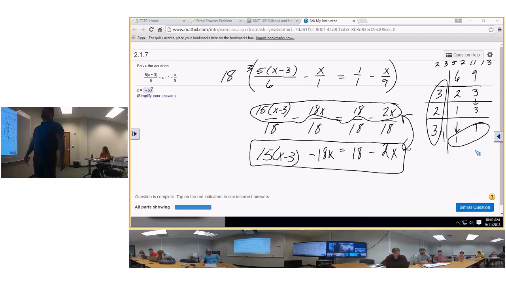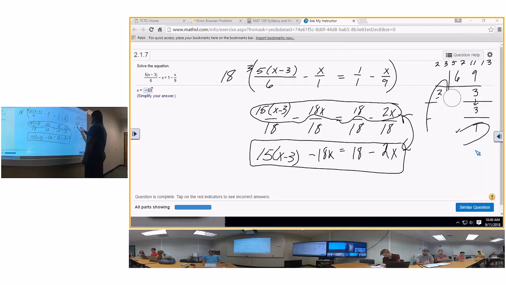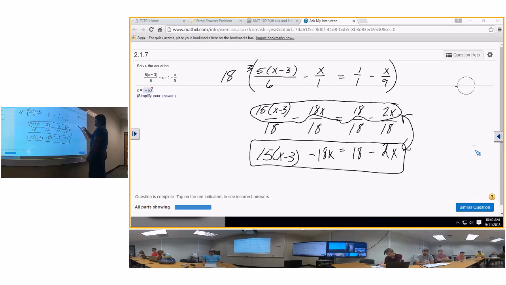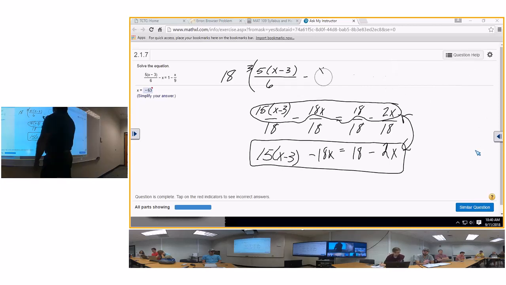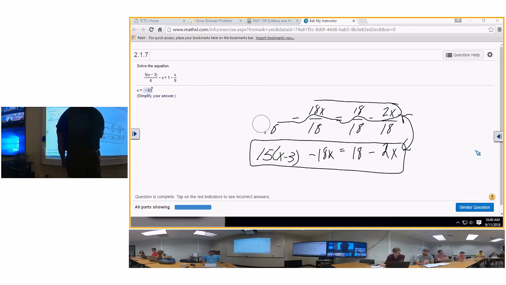But this is a complex rational. It does give you fits, especially if you hadn't had algebra in a while. Some people have never seen this before. They don't know how to get the common denominator. 54. My teacher just taught me to multiply them together.